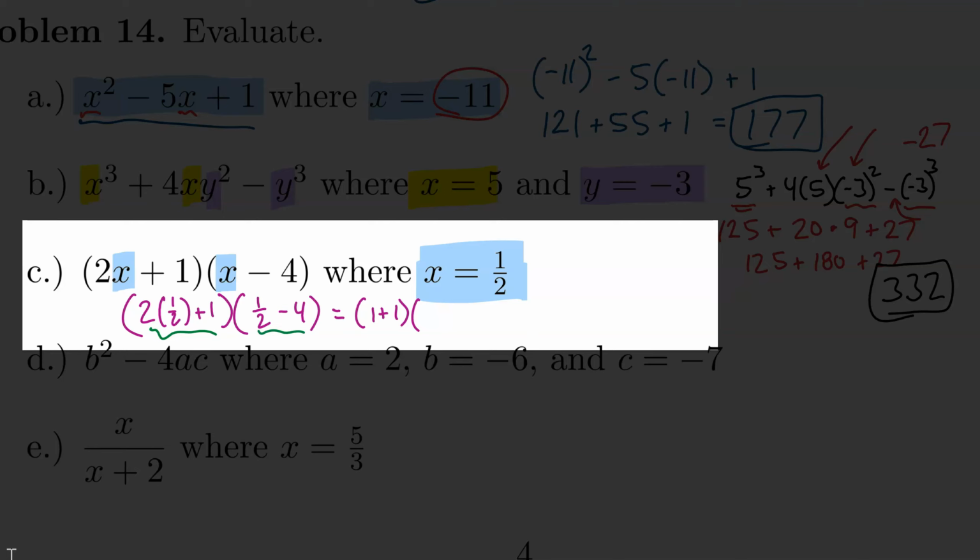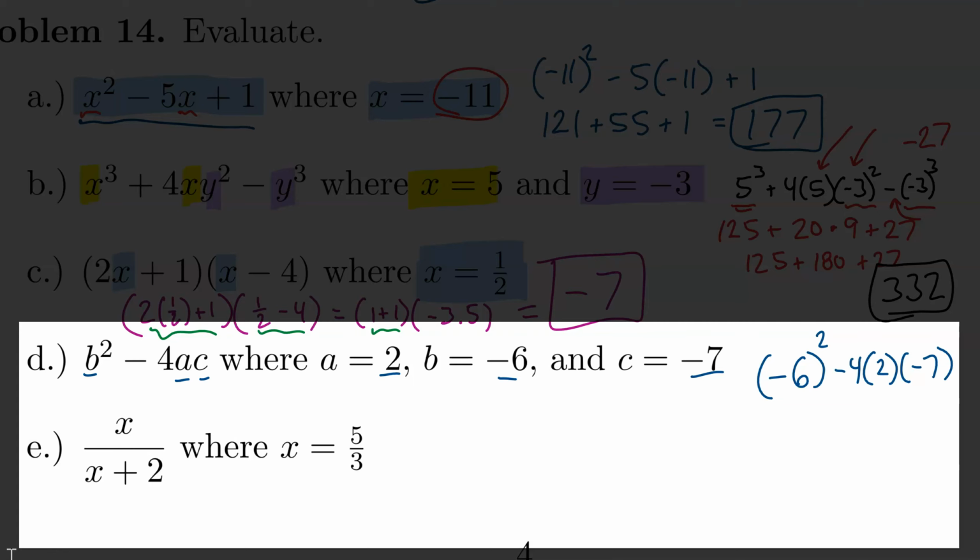Two more expressions to go. In our next example, I have 3 variables, a, b, and c. Substituting 2 for a, negative 6 for b, and negative 7 for c, I get negative 6 squared minus 4 times 2 times negative 7.